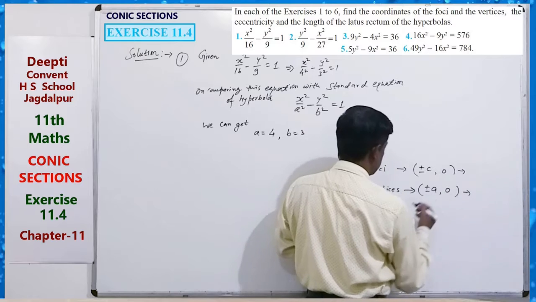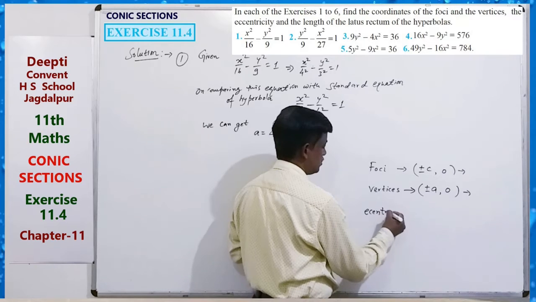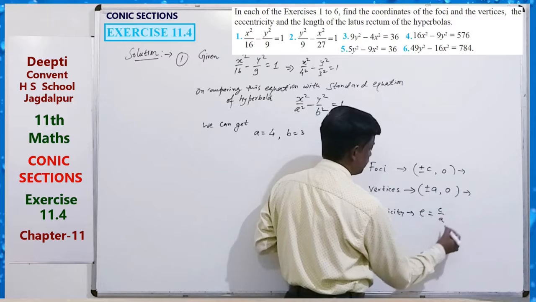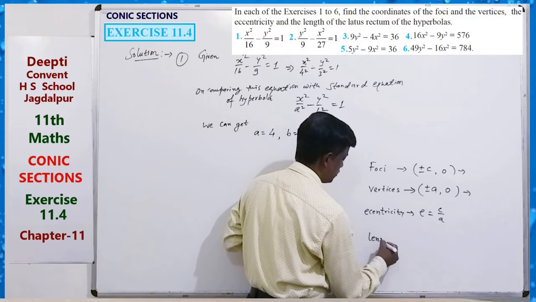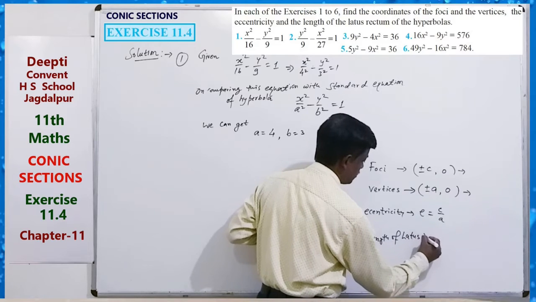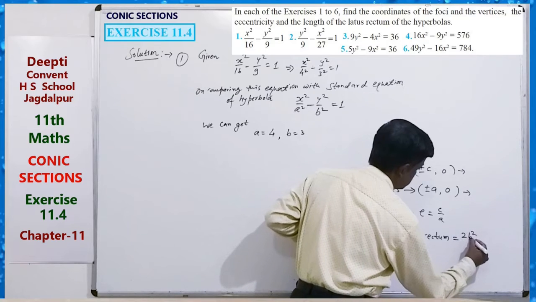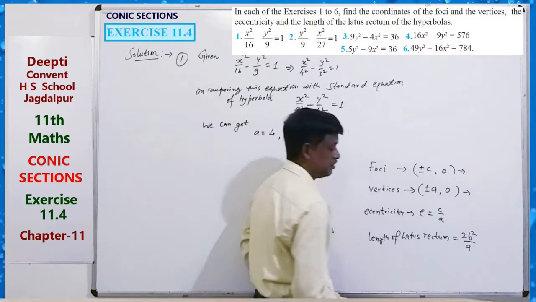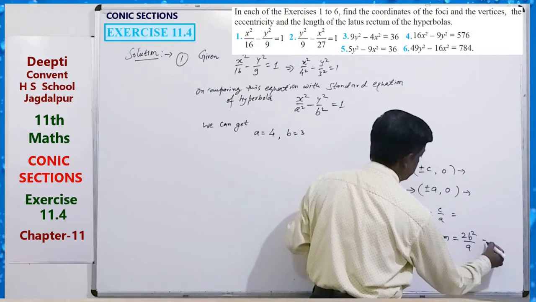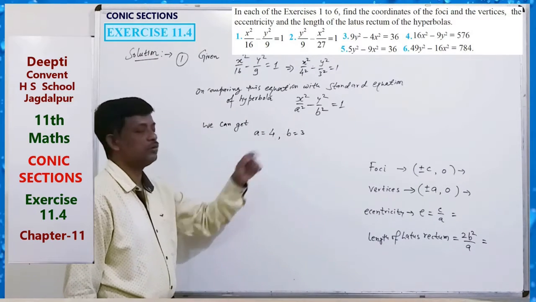We have to find a and c, and then eccentricity, which is e equals c by a, and the length of latus rectum, same as ellipse, 2b square by a. These four things we have to find. Clear? Now, here a equals 4, b equals 3.